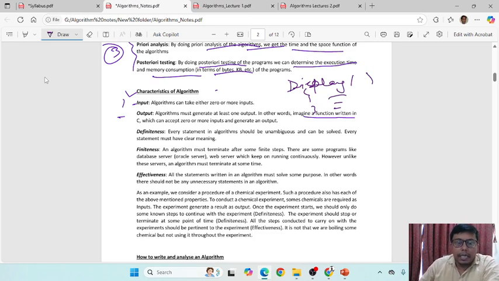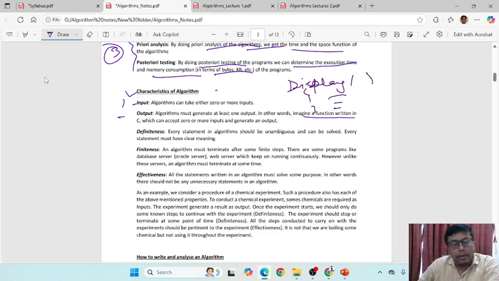Otherwise, if it does not generate any output, how would you know whether your program is doing the task it was expected to?